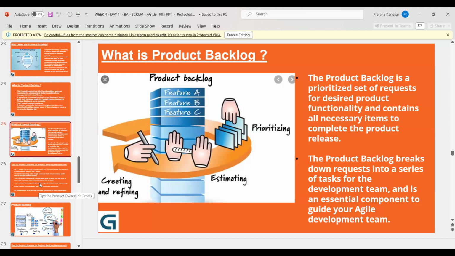So in this product backlog, there is a concept called backlog grooming as well. First the product backlog is defined, prioritized, and estimated. In which meeting do we get the estimation? Planning. In Scrum, sprint planning. Yeah, absolutely right. In the sprint planning meeting.